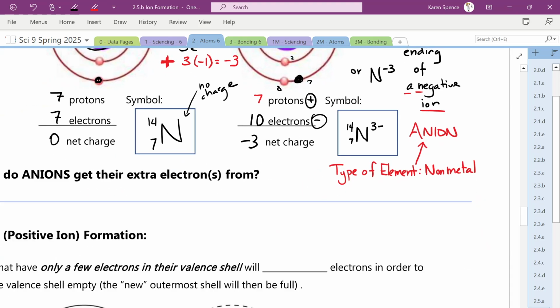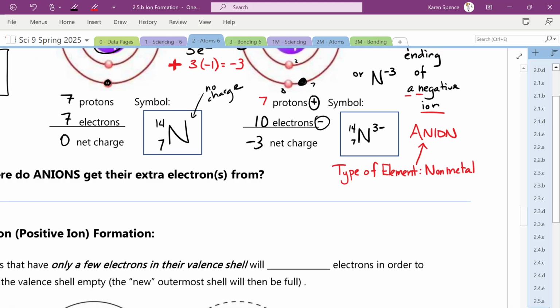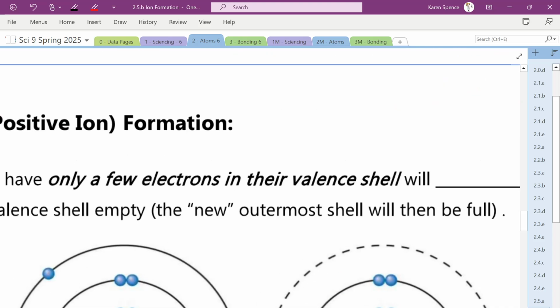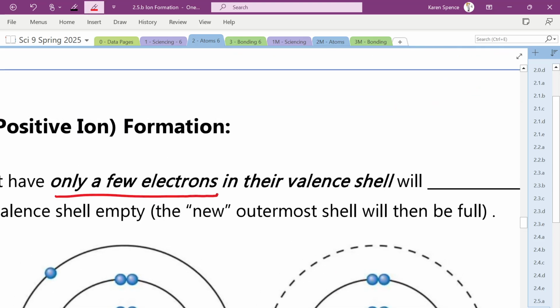Now, where do these extra electrons come from? Someone must be giving these electrons to the anions. Well, some atoms have only a few electrons in their valence, their outer shell.